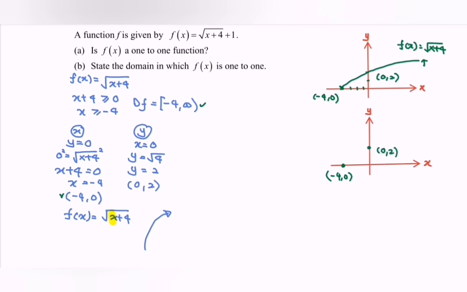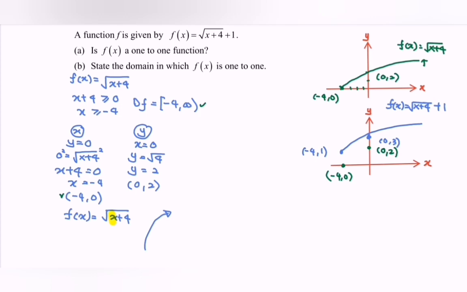If we shift 1 unit upward because of the plus 1, we will have (negative 4, 1). Continue, we have (0, 3), because we are shifting upward by 1 unit. Then the graph will be something like this. So that is the function f(x) = square root of (x + 4) + 1.